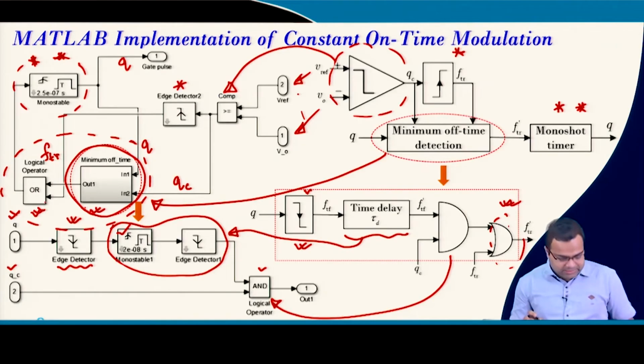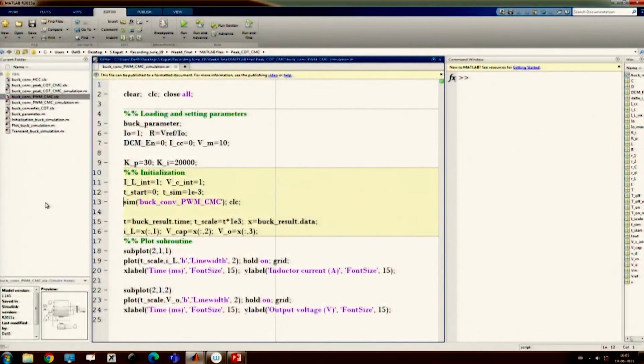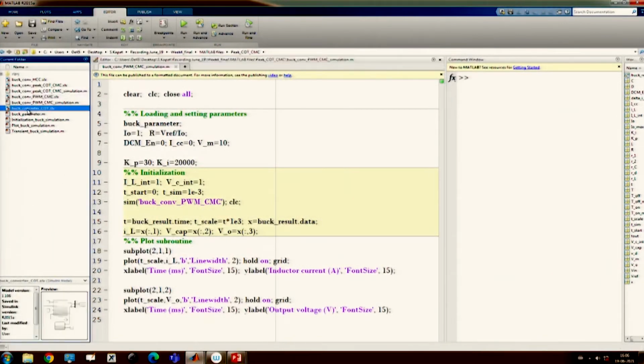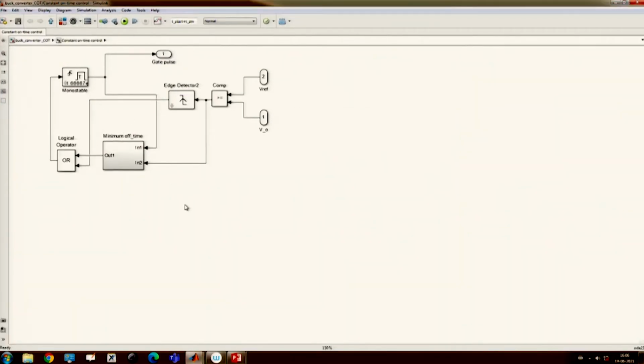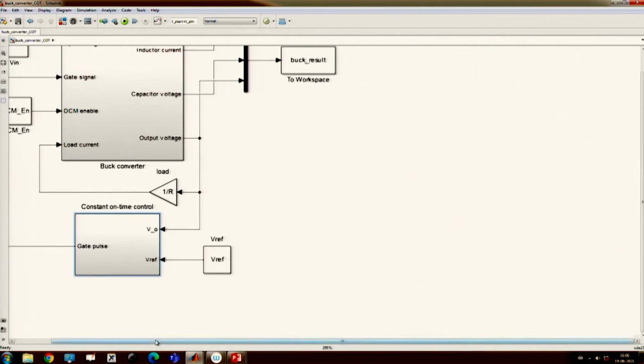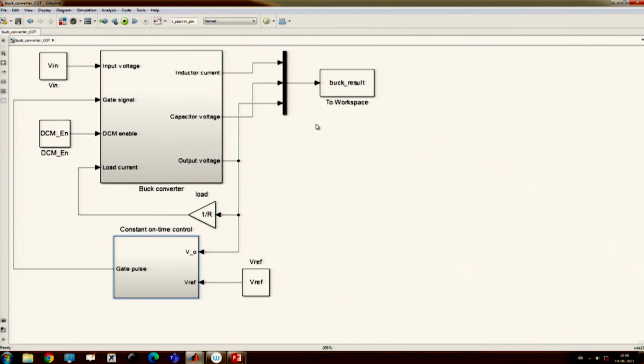Now, let us go back to MATLAB. I want to show you the implementation of constant on time. So, this converter block we already discussed, and the same enable and everything we have discussed, the input voltage, how to make this model, and this is your load resistance, a resistive load.